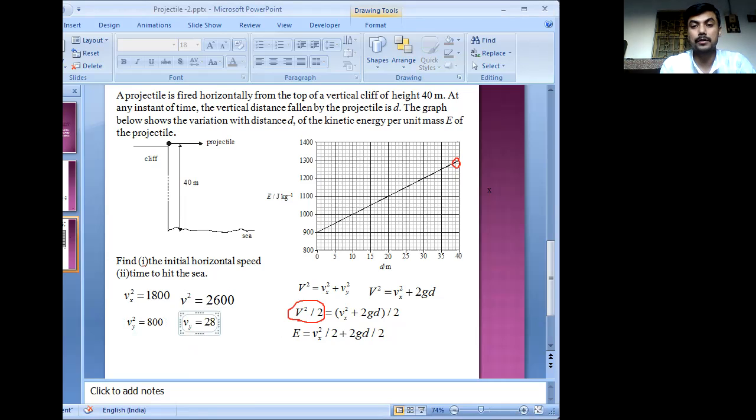So this vertical velocity obviously would be equal to, again we can use v equals u plus at. U again is 0 along the vertical direction, along the y-axis it is 0, mind you, again because it was fired horizontally.